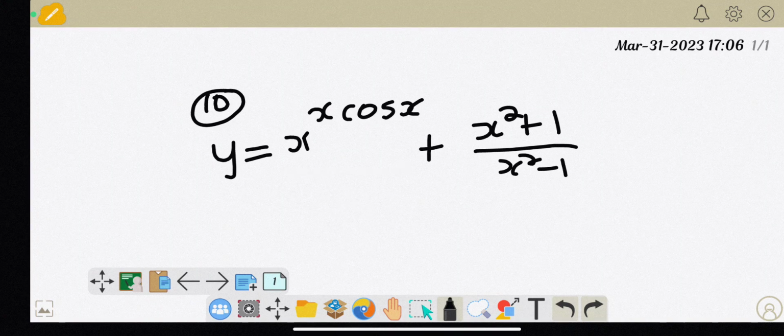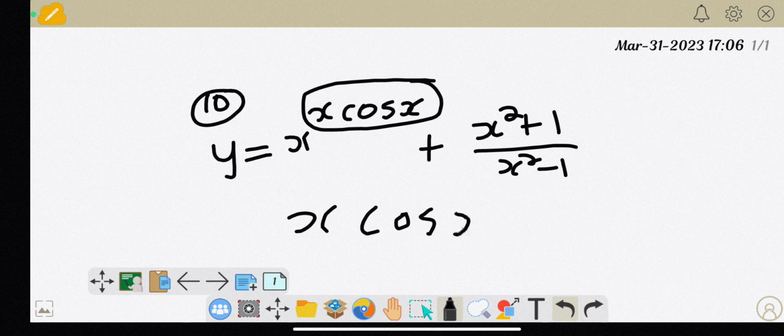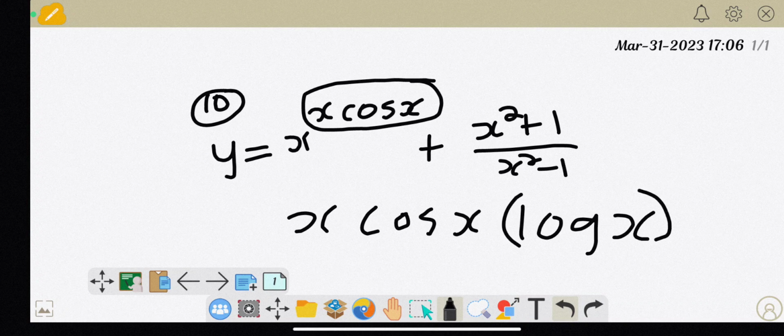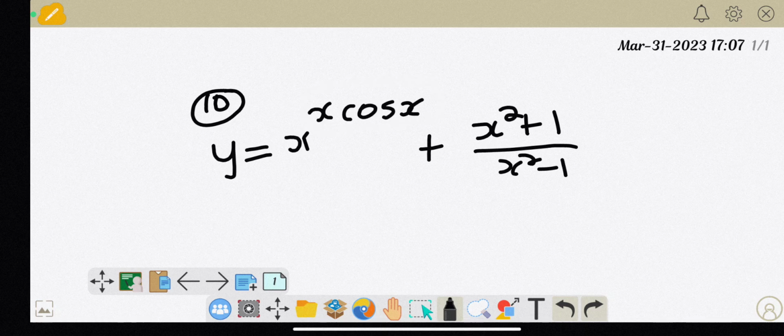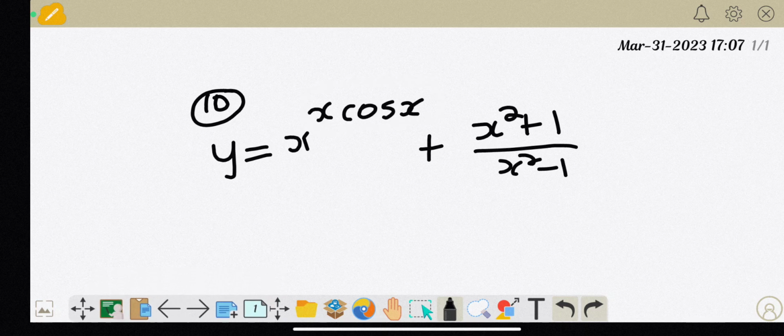So will you try it? Should I solve this? This is a little bit difficult. Why? Because here see power is there, x cos x, correct? X cos x and log x will be there. Here you have to apply product rule. See, there are three terms. For three terms you have to do the product rule. So should I solve this, or you'll give a try for it?